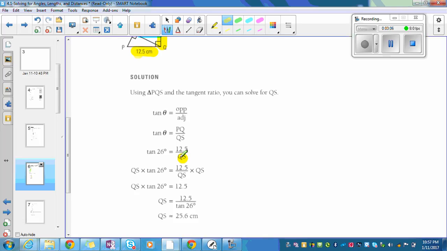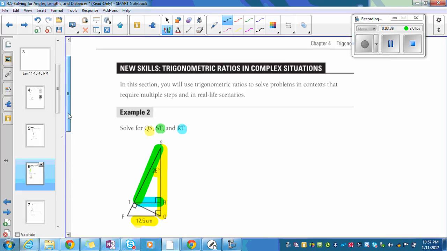To solve for it, lots of people like to put the tan of 26 over 1. Then when we cross multiply, we get 1 times 12.5, which is just 12.5, and we get QS times the tan of 26. To get QS alone, we divide by the tan of 26 on both sides, and we get QS to be a length of 25.6.